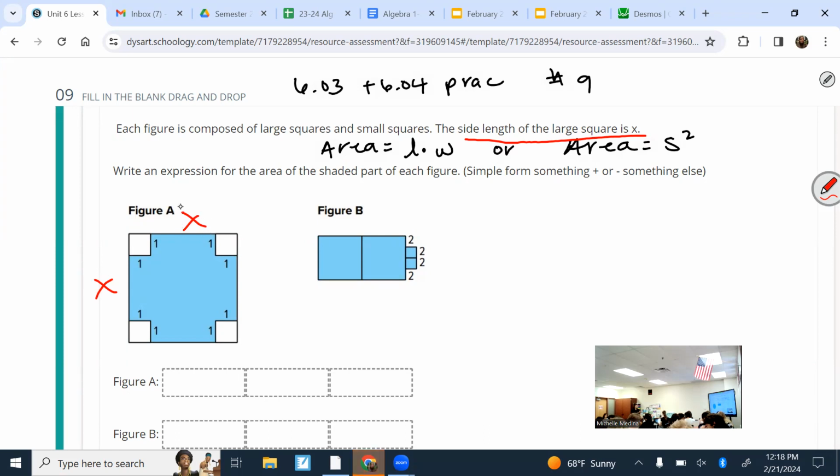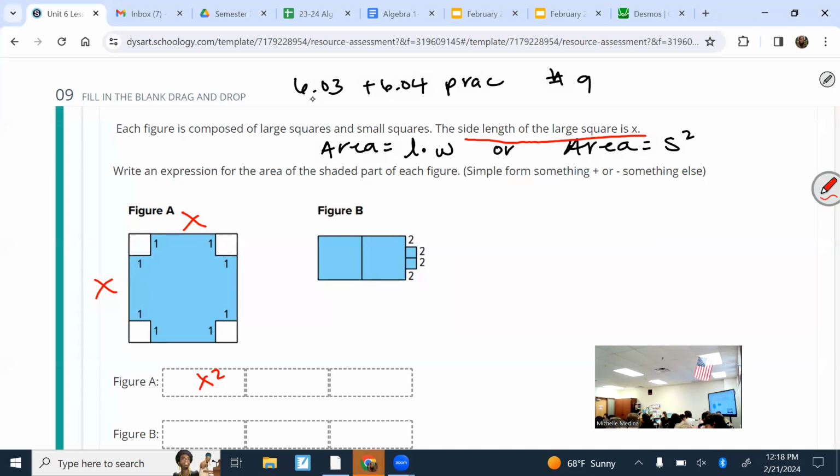What's my area of the large square? If area is length times width, and my length and width are both x, what's x times x? So that's my area of the large square.